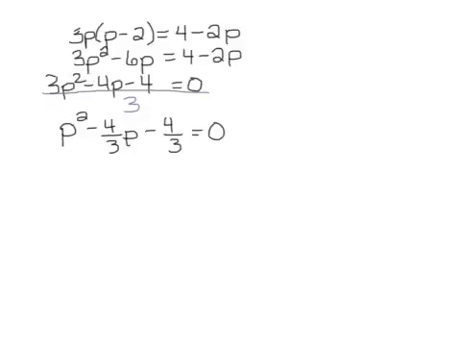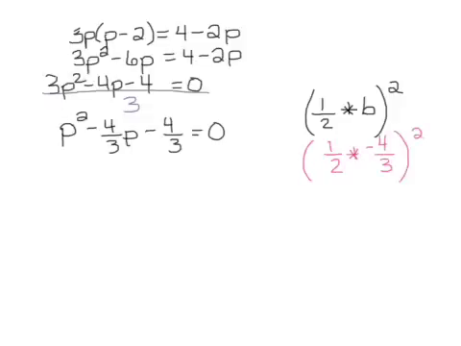So our key step with completing the square, we do 1/2 times the coefficient of our linear term, the b term. We take that value and we square it, and then we add our result to both sides of our equation. So in this problem, our a value is 1. Our a is the coefficient of p squared. Our b value is a negative 4/3.